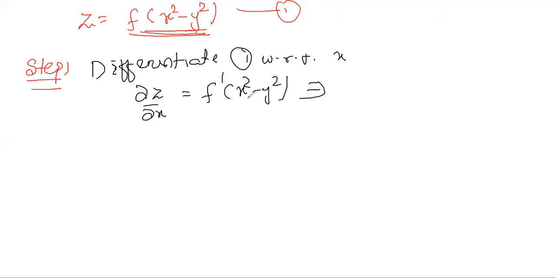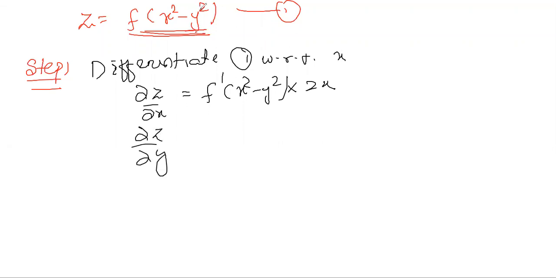Now that is p, and del z by del x into 2x. See, into 2x is there. This is 2x.